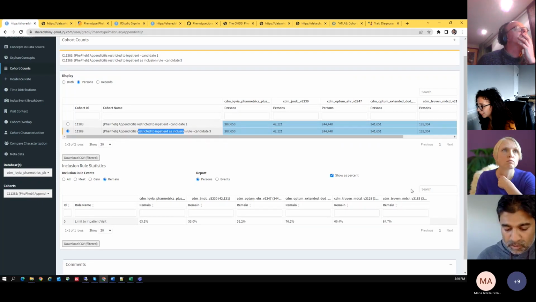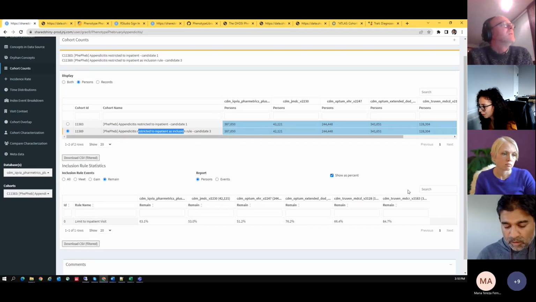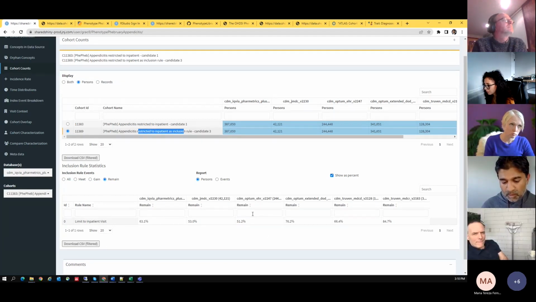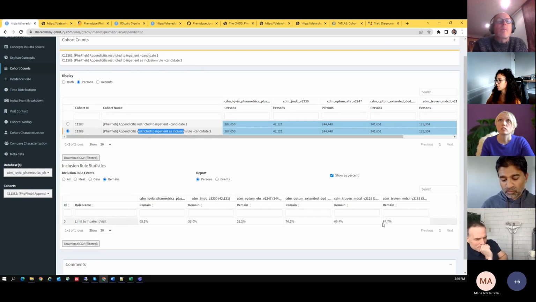I have about 50%. I lost about 50% of the events. In JMDC, I lost also close to 50%. In PharMetrics, I lost close to 40%. So I lost somewhere between 50% and 16% across these databases.